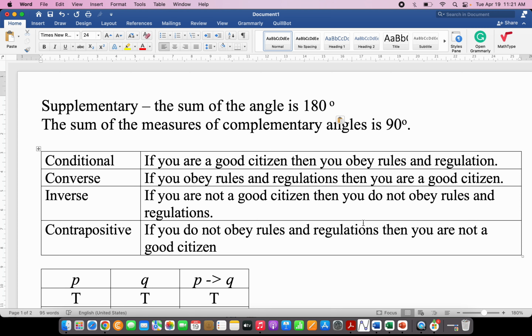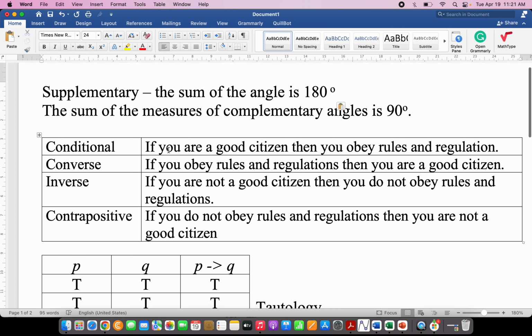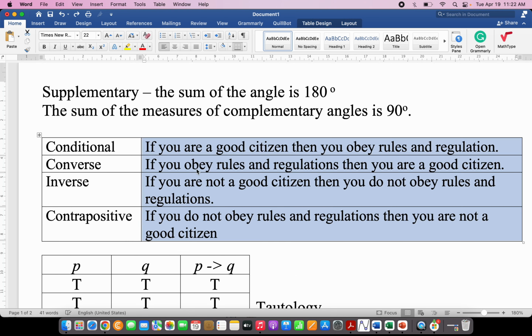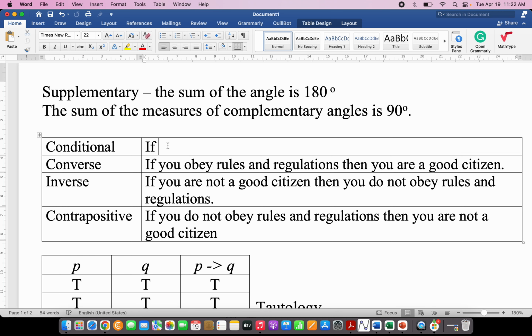Okay? So, gawin natin na if-then form ulit. So, we are talking about the measures of complementary angles.